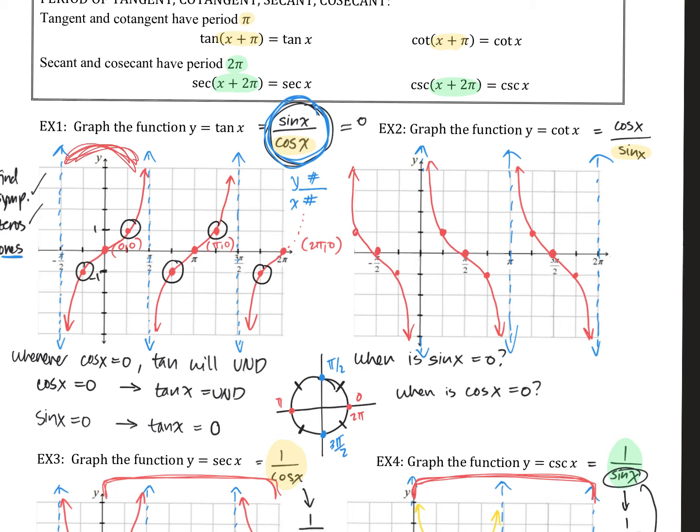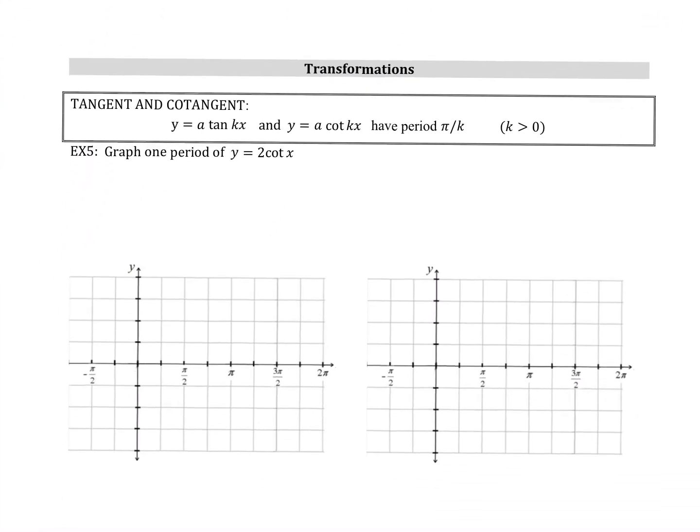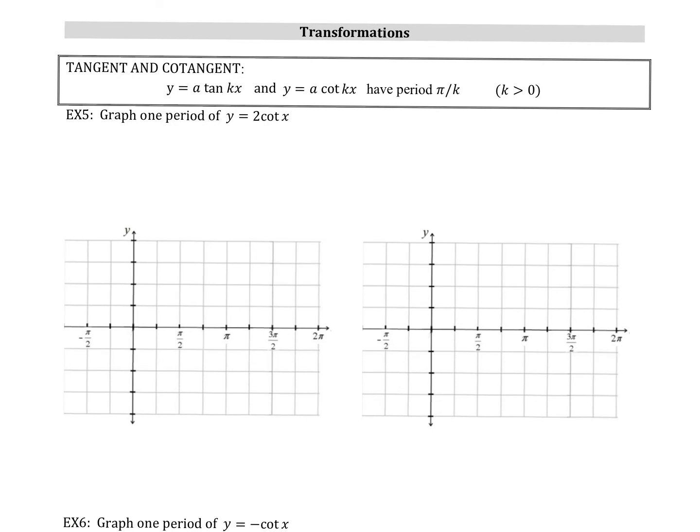Most people graph the one in the middle. You could graph the one here, but that's not as common. And then one period for cotangent would usually be the one right next to it over here, between 0 and pi. Alrighty, those were the periods for graphing, which we would use for transformations, because you're pretty much always going to be asked to graph one period.